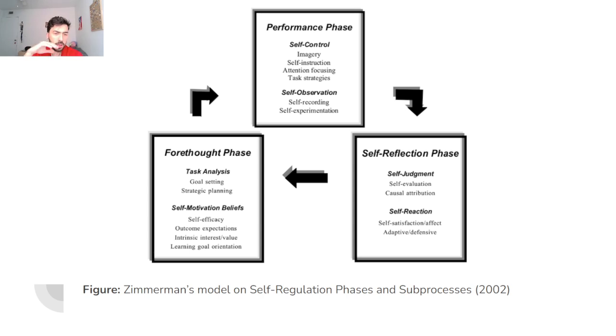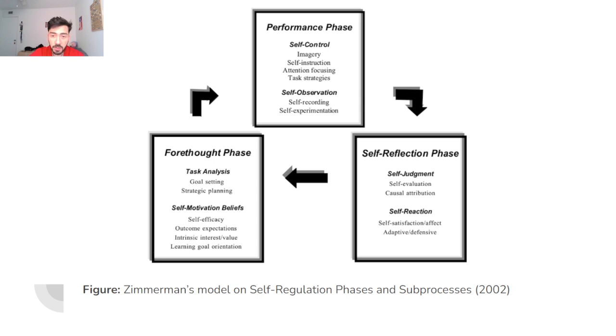Forethought is when the student starts to analyze, set their goals, and make plans for whatever lesson they're going to be having, so they can be ready for that learning experience. Then we have the performance phase. The performance phase is when they start learning that information. They need to have self-control and self-observation, so they can process however they perform. And then after that, we have the self-reflection phase.